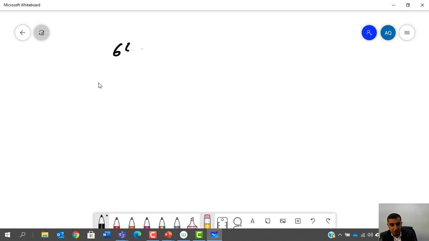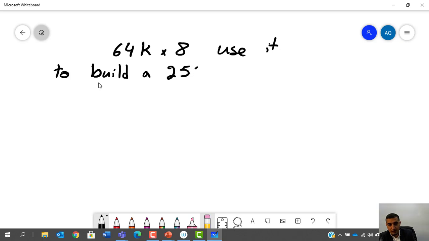So we have a 64K by 8 and I want to use it to build a 256K by 8 RAM.